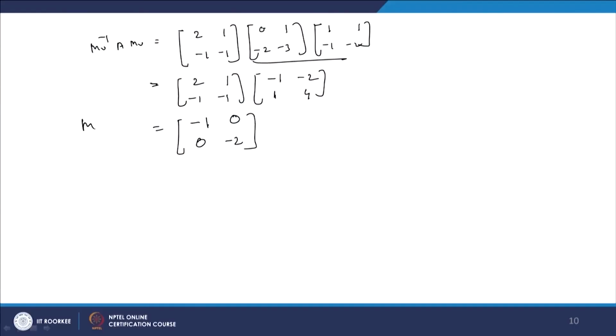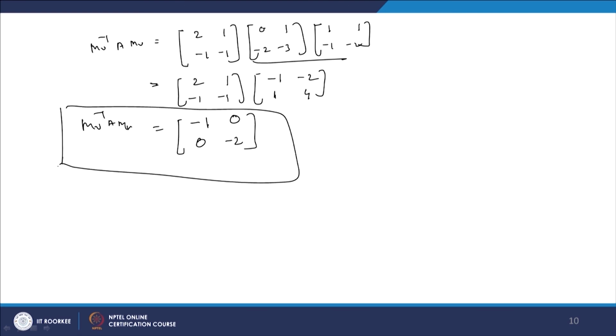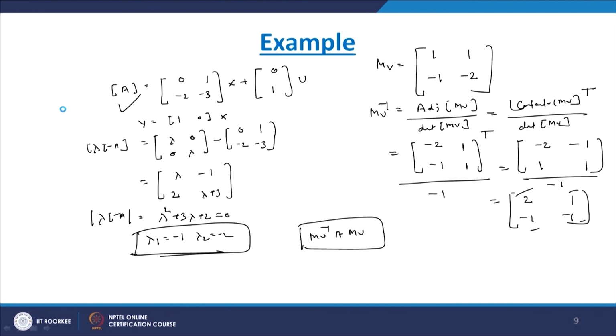Here MV inverse A MV is the diagonal form, and whatever the values here, they are the eigenvalues of this matrix, and these are also the eigenvalues of the A matrix.